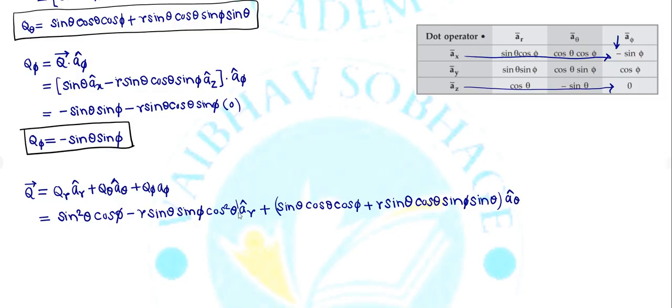Put that bracket, and then what is left? That Q phi. So Q phi, that value we have to be minus sine theta sine phi into a phi. Okay, so we have that given vector Q in its spherical form.